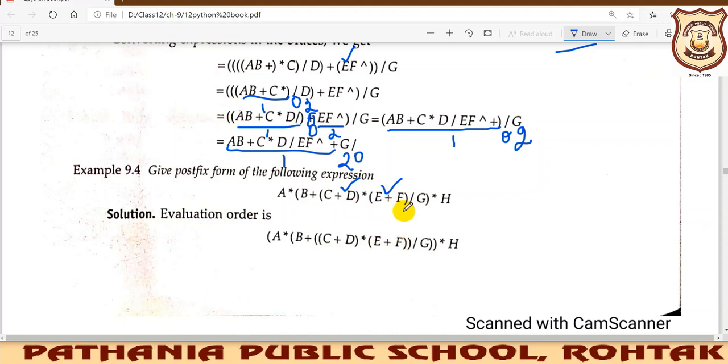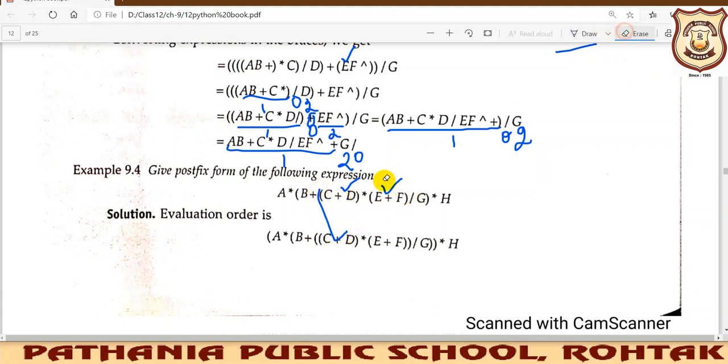After we have solved this and this, we will solve these two together. We can solve this division or multiplication. Which one will we solve first? The multiplication. Why? Because it comes first in occurrence, so we will solve it. So we will put another bracket here.